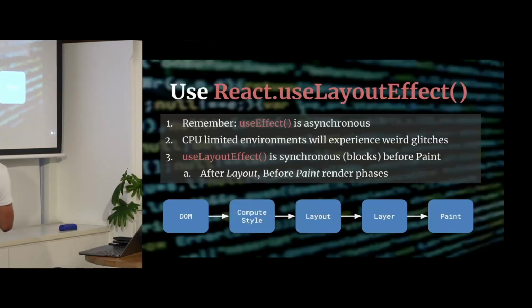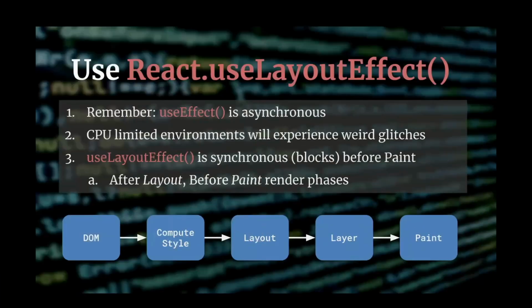And below here, I've got part of the render lifecycle of the DOM of the browser. So you can see that first we start with the DOM, then we compute the style. So the computing style is when we turn those relative units into the absolute ones. So this is why getComputedStyle gives you pixels instead of percentages. After that, it does the layout after it has all those calculations.